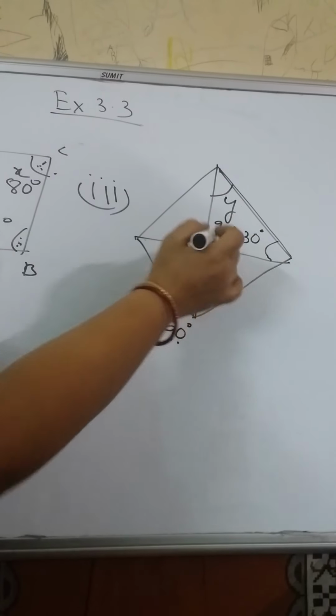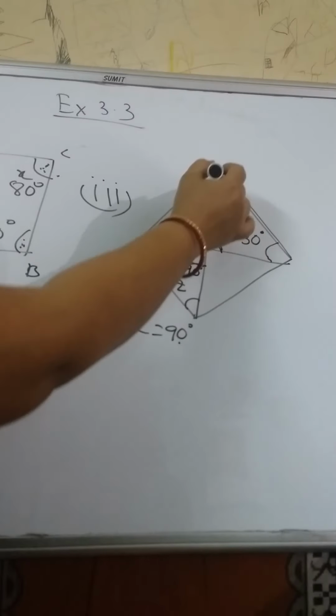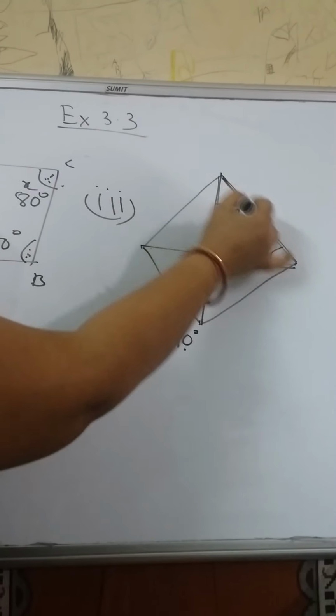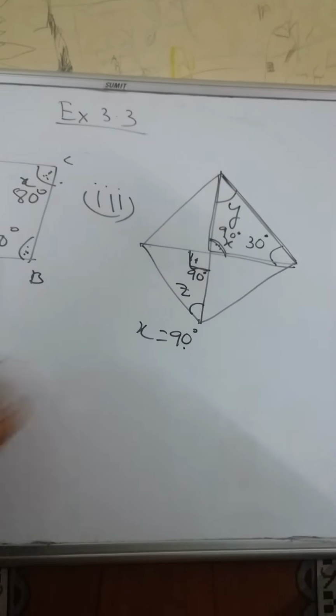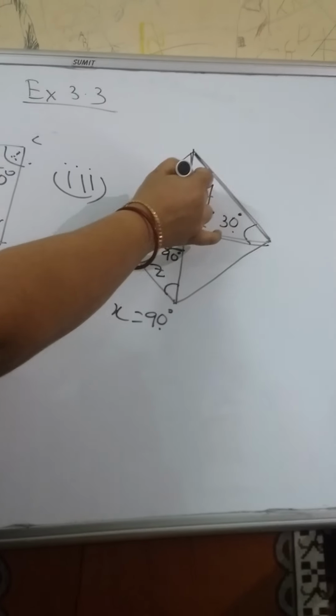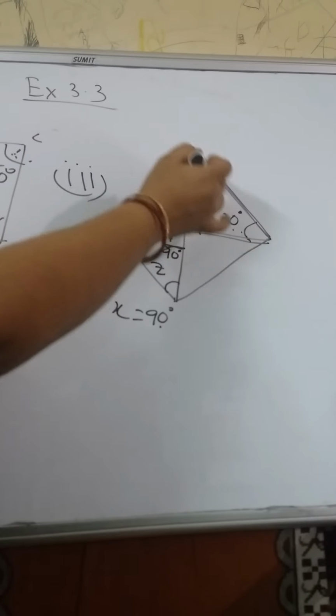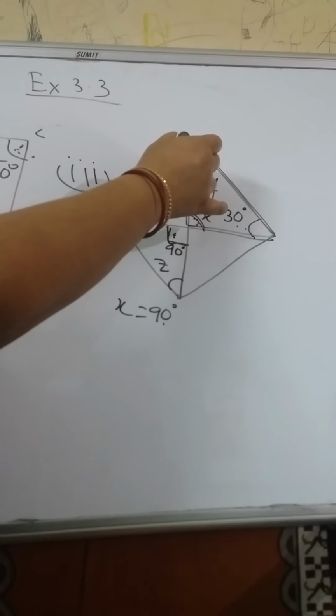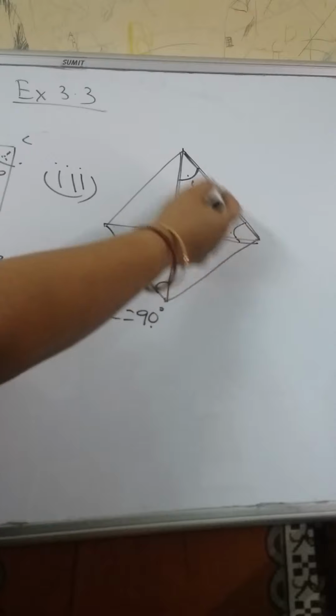If x equals 90 degrees, this is a triangle. If x equals 90 degrees and this is 30 degrees, as given, what will be y? The sum of the angles is 180 degrees, as it is a triangle.